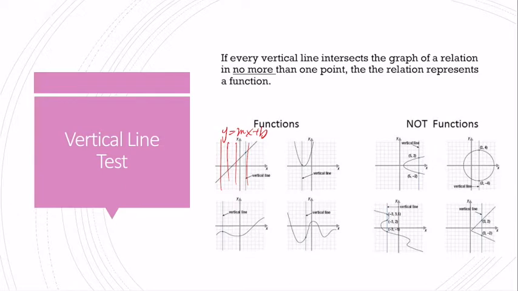All quadratics of the form y equals ax squared plus bx plus c, right? That's quadratics. We learned about those in a previous chapter, but we have talked about them before. Some examples of things that are not functions would be a rotated parabola or a circle.